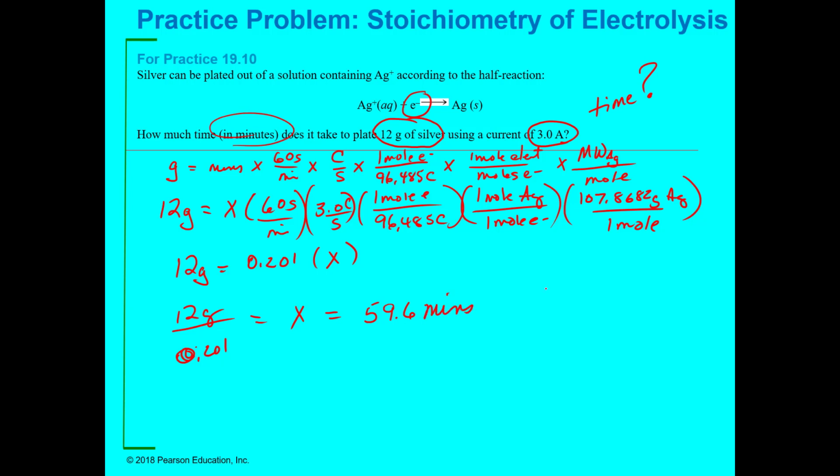All right, now if you've got the book, the answer key says 60 minutes, okay? And that's because you only had 2 significant figures in your 12 grams. So 60 minutes. So it's going to take you an hour to do each one of those. So you can only produce 1 silver-plated tray an hour.